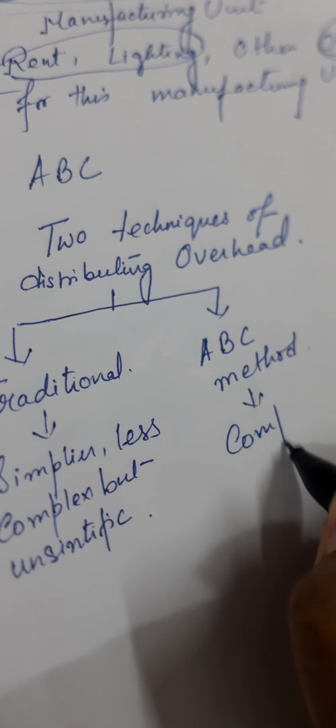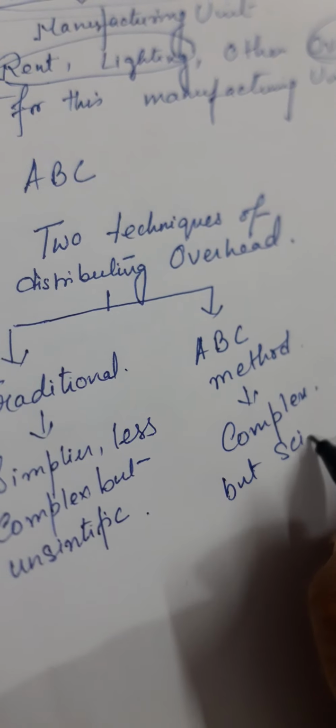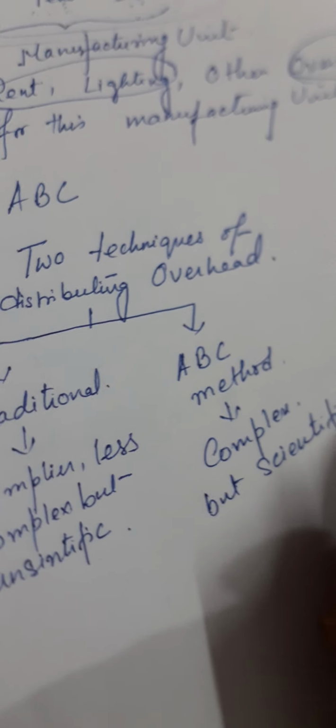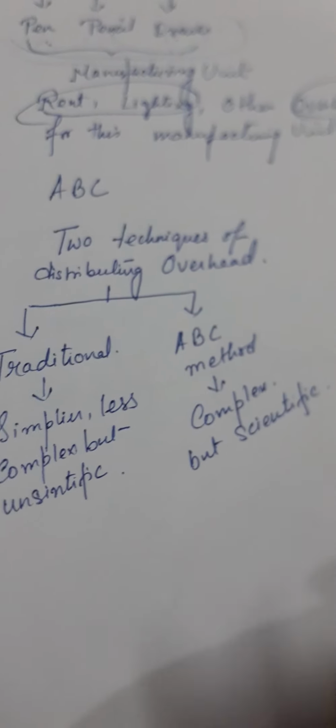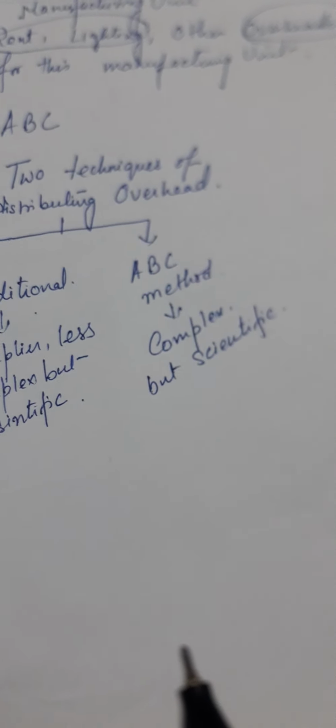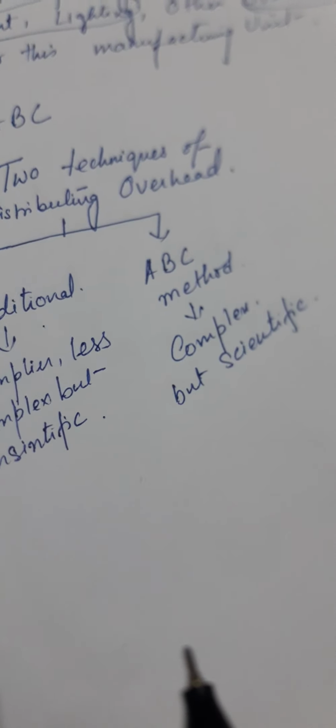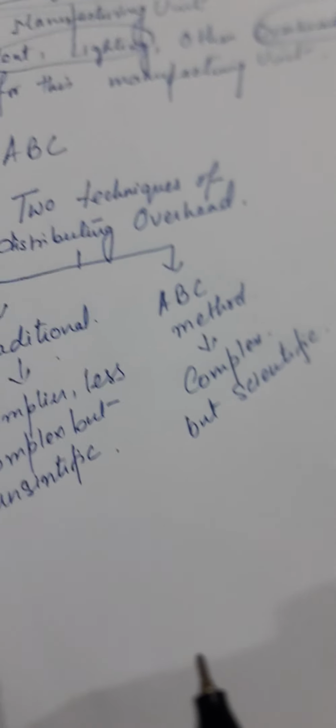This is complex but scientific. This is the difference between the traditional method and the ABC method. Initially you used to divide overhead under the traditional method only, but now with the passage of time most companies follow the ABC method in order to distribute overheads.